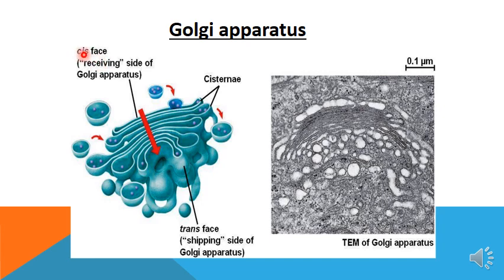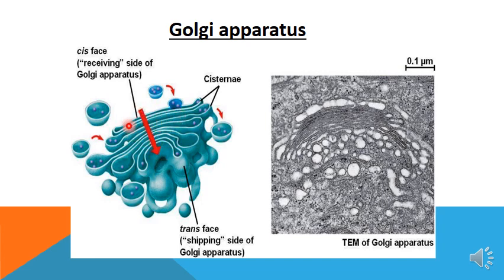It receives the proteins in the form of vesicles, which are called transfer vesicles. Then the protein present in the transfer vesicles will enter the sacules of the Golgi apparatus.